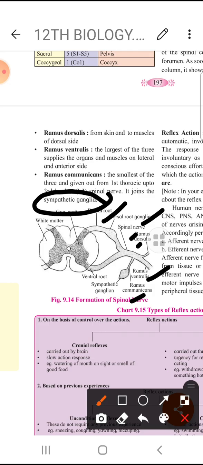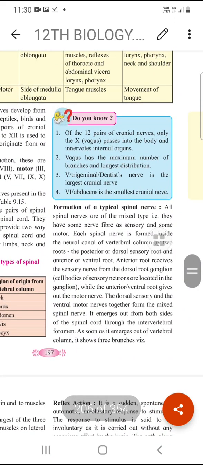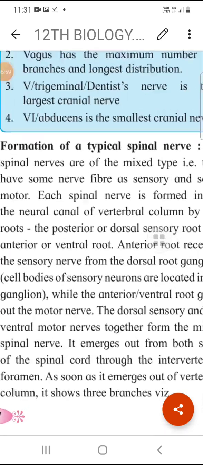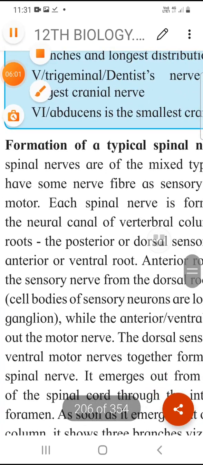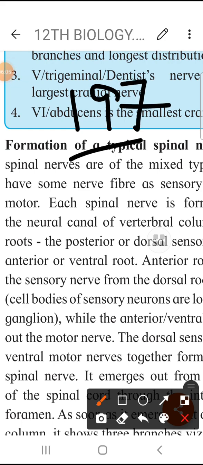And you will be able to write down these things. So we'll once again underline what all you have to write. This is page 197. What type is this? Mixed. Formed out of sensory and motor.